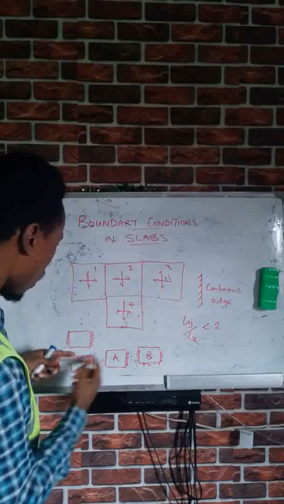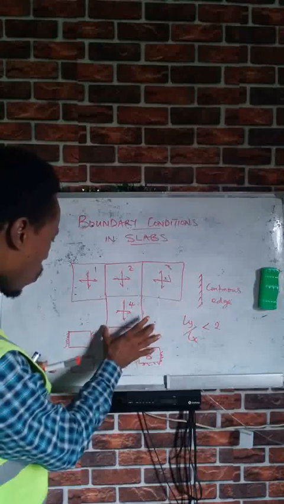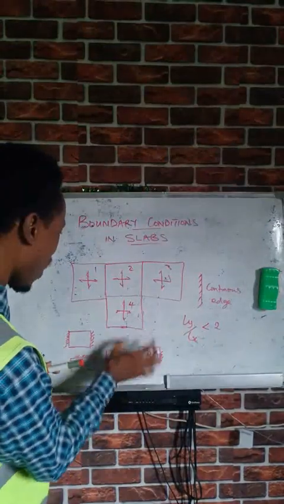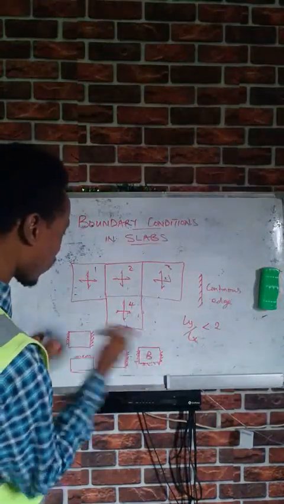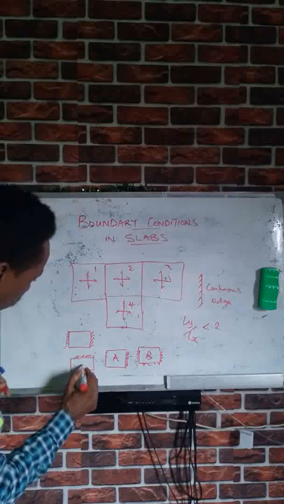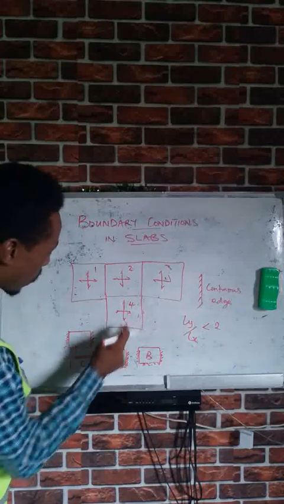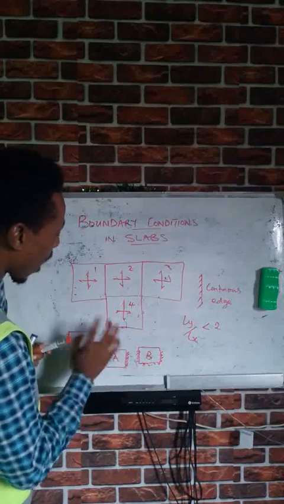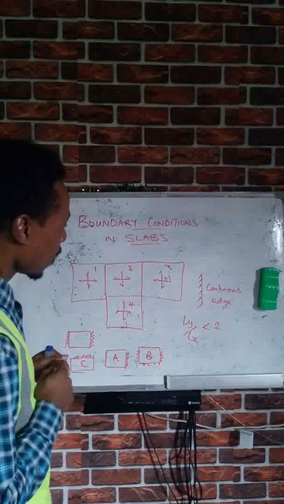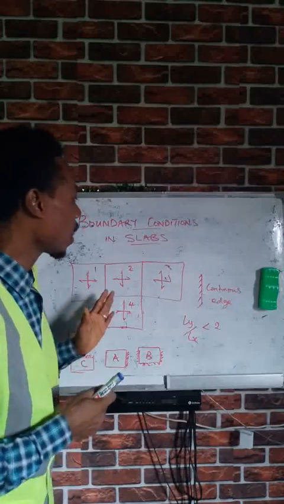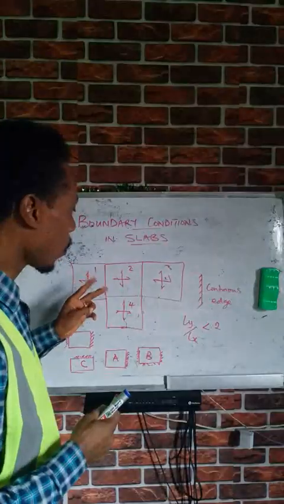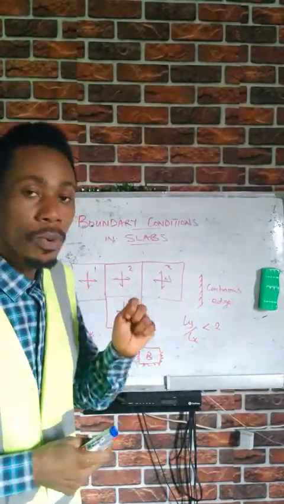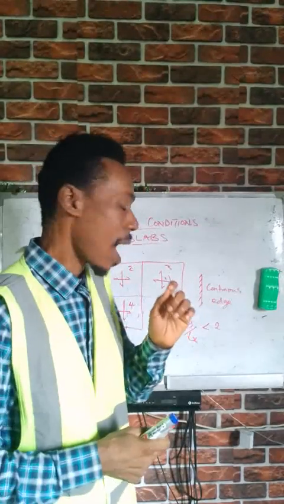Then if you look at this case, panel 4 satisfies this one. It means these edges are free while it is continuous at this edge. This is how we are expected to get our boundary condition to enable us to extract our coefficient value from the table. I'm going to stop here at this point.